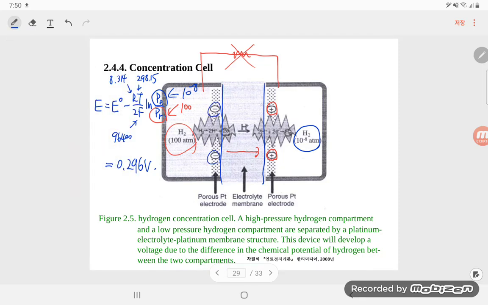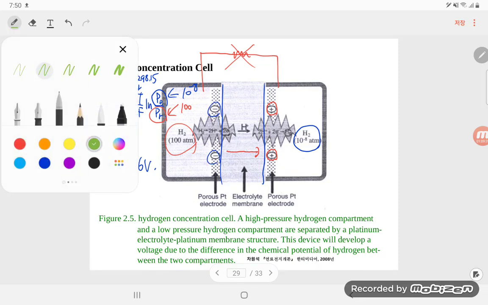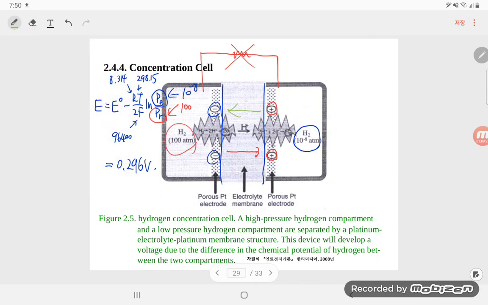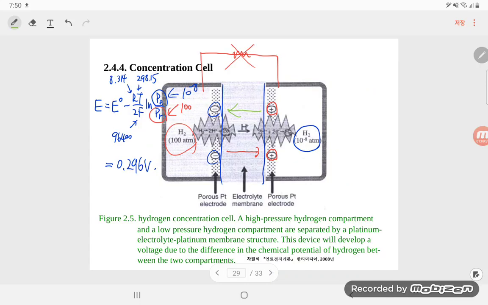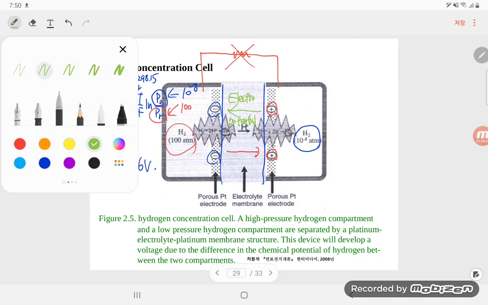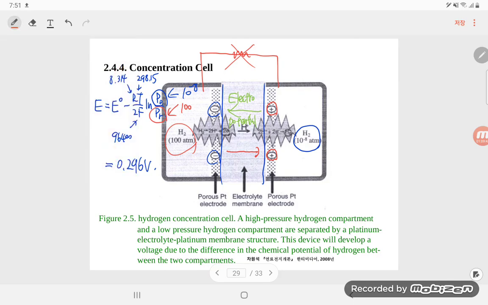Then they make the electropotential, minus ZiFφ, the electropotential, because of this polarization, and this is the chemical potential.